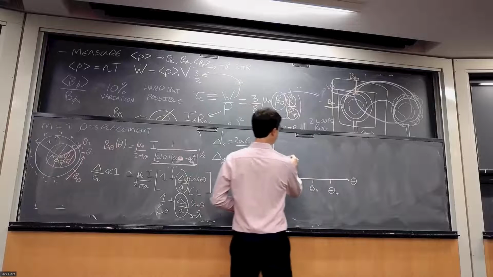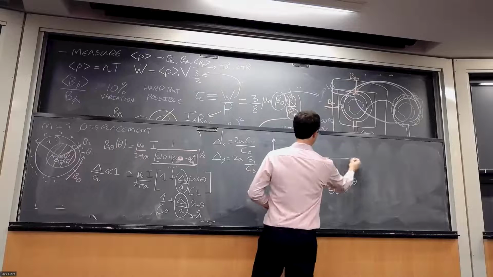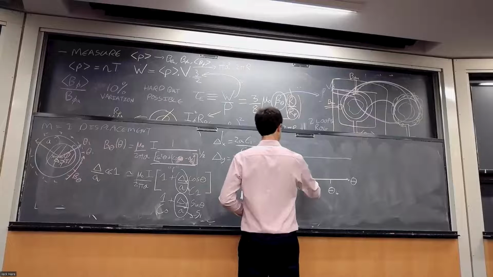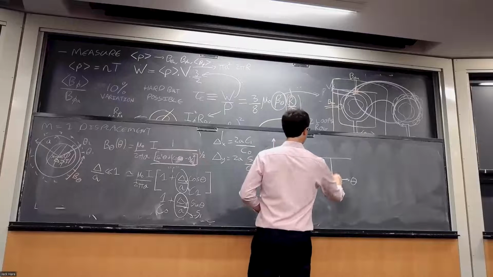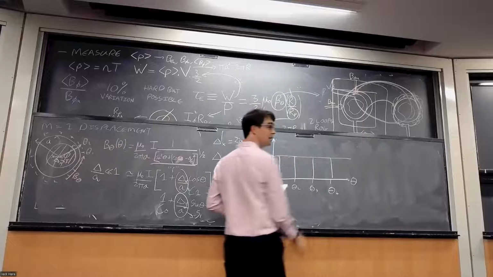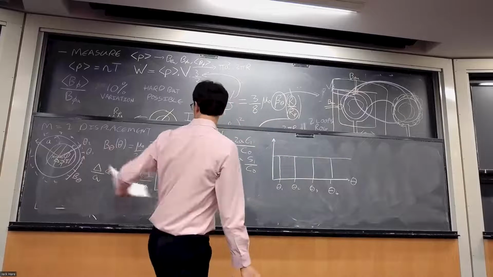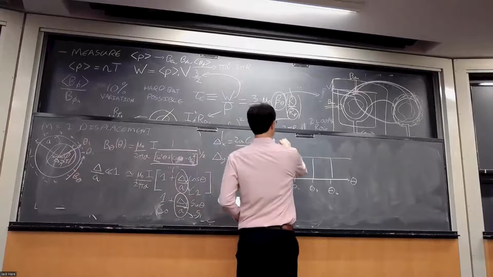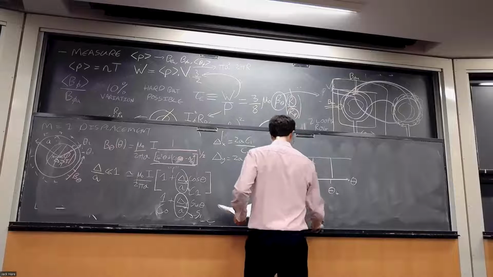Yeah, so if your plasma is in the center, you might reconstruct a flat profile. If your plasma moved towards theta 1, you might have a different profile. Let me use a different color.